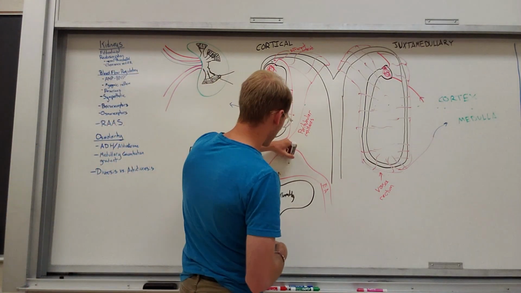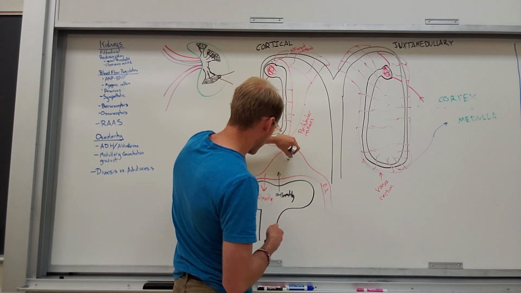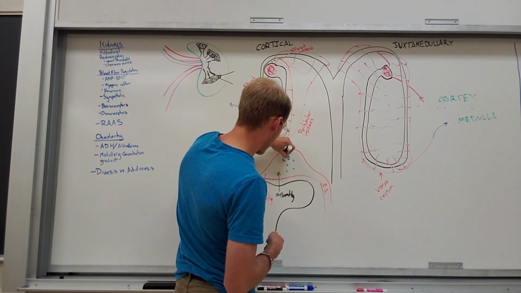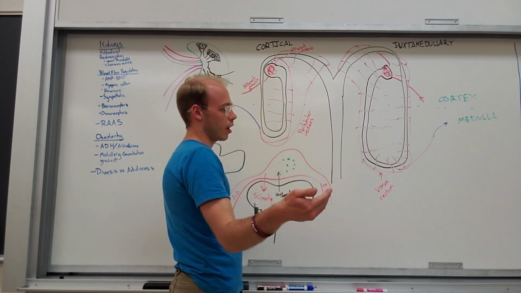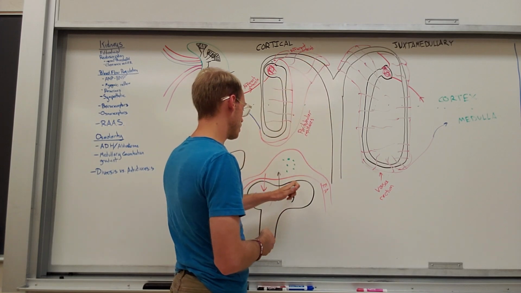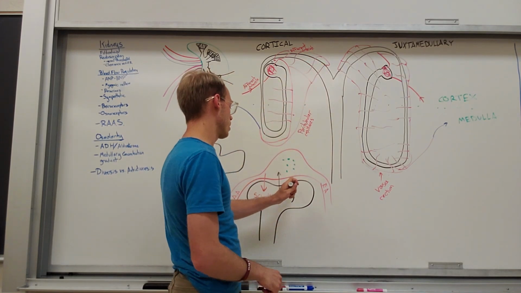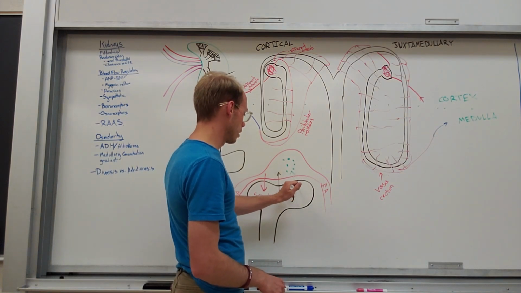You have proteins. We're going to use another different color because I have so many colors. This is great. Remember that water wants to flow from an area of low solute concentration to high solute concentration. Want, quote unquote. And so you'll have some kind of pressure that pulls water, hence pressure.